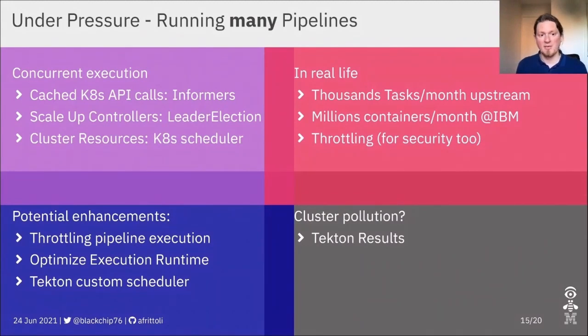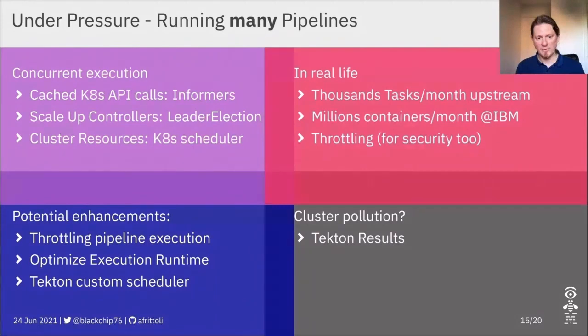In terms of utilization of cluster resources, when we have multiple pipelines running in parallel, we rely on the Kubernetes scheduler. Things that could be done, and we have done, are throttling the number of pipelines that you execute. This is not supported natively by Tekton, but it can be implemented.